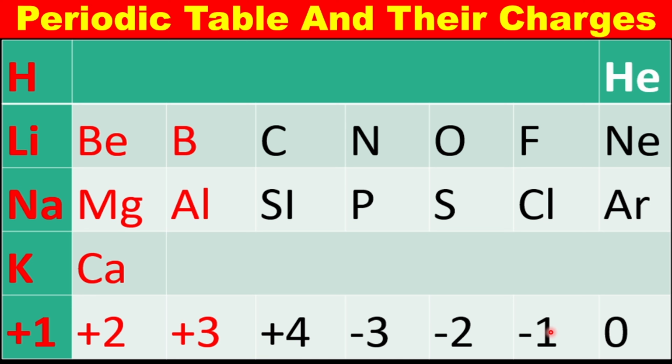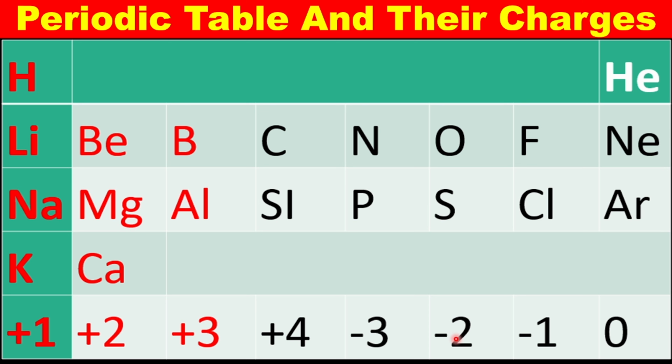So group 1 has a charge of +1, group 2 +2, group 3 +3, group 4 +4, then -3, -2, -1, 0. That is for group 8. So when you have this in mind, it helps you when it comes to the calculation.